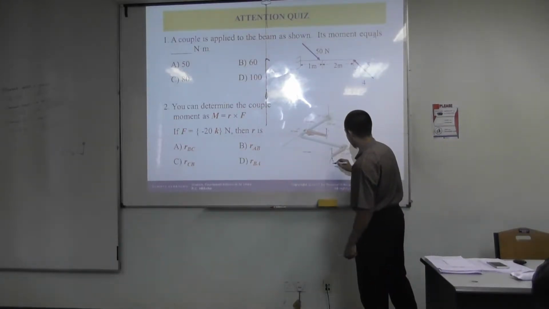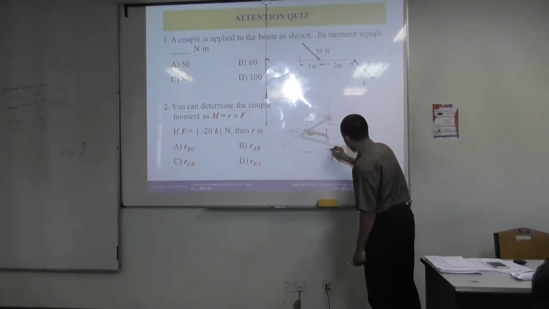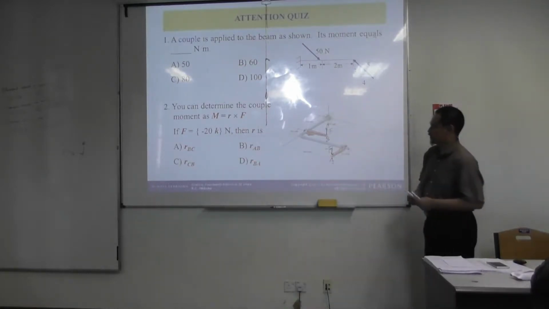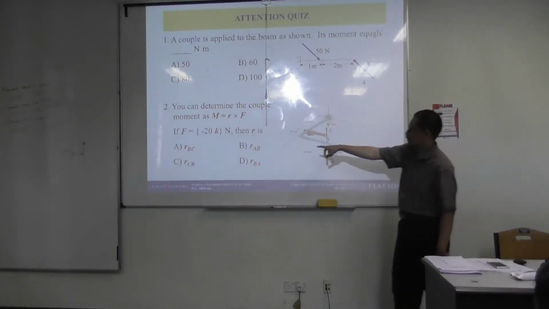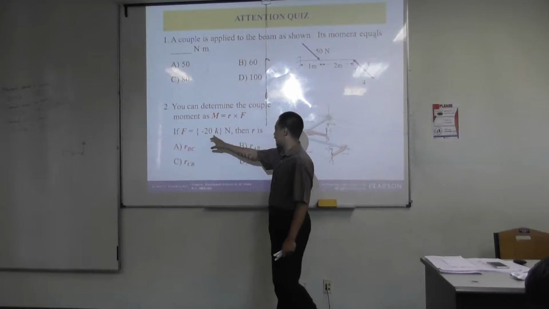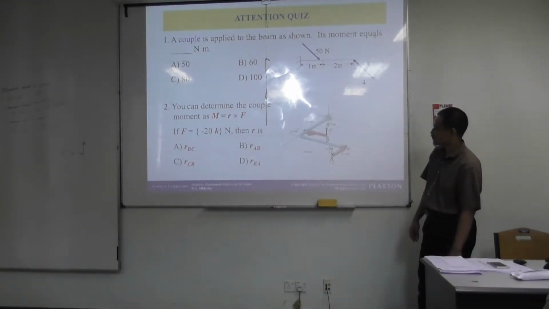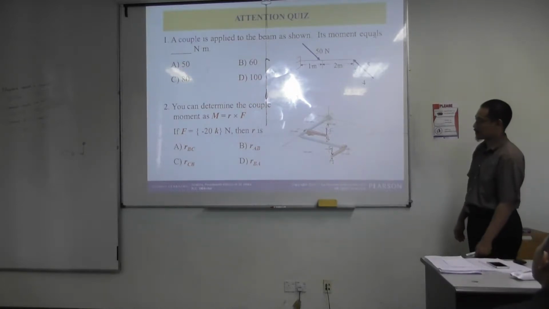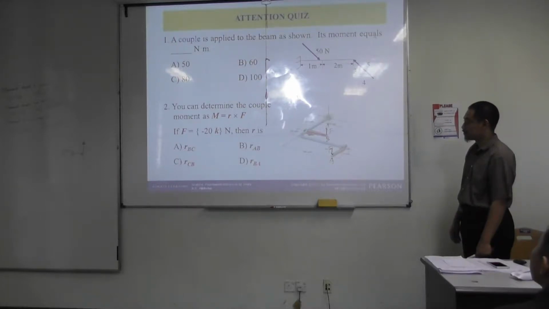This is A, this is B, this force is like this, minus F, this force is like that, F. So it says that if F is minus 20k, R will be which one?